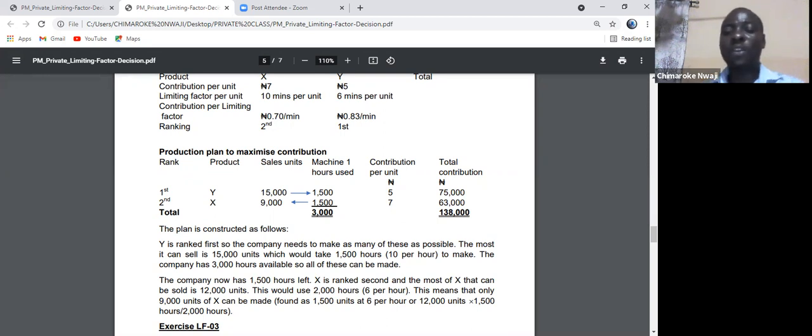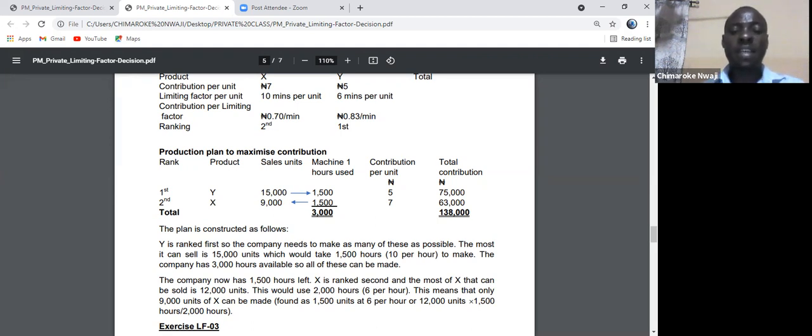X is ranked second, and the most X can produce and sold is 12,000 units. But the 12,000 units will use 2,000 hours, which is more than what is available. That means that we must cut it down to 9,000 units, which is found by 1,500 at 6 units per hour, which gives us the remaining 1,005.